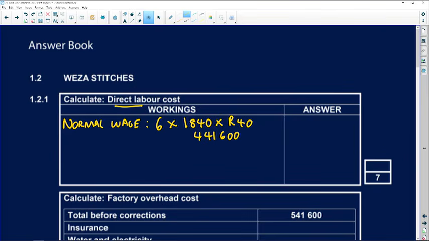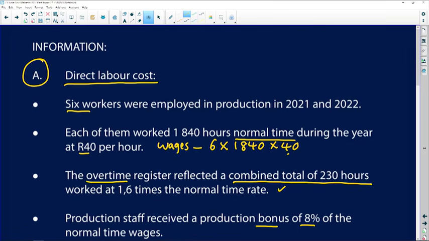441,600. Then from the info we know they also worked overtime. The overtime register reflected a combined total of 230 hours. So all 6, their combined hours is 230, and they worked at 1.6 times the normal rate.